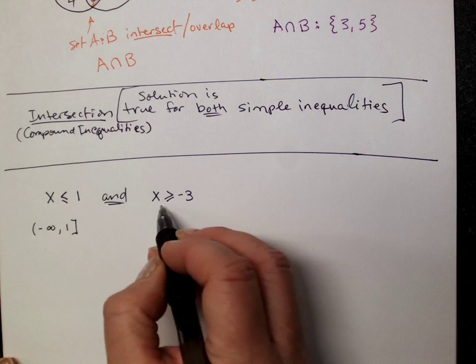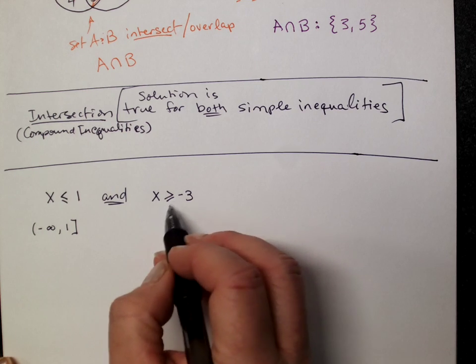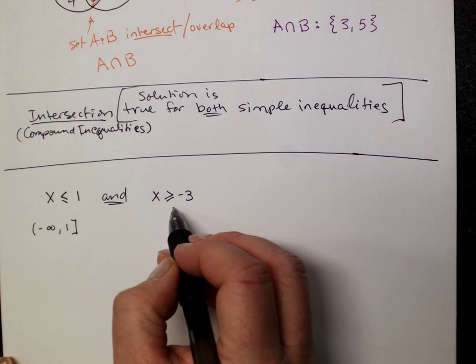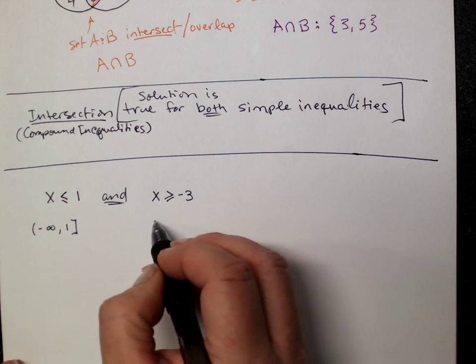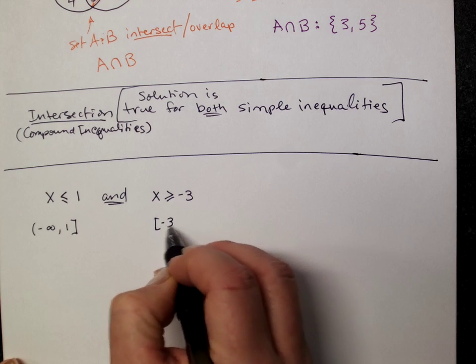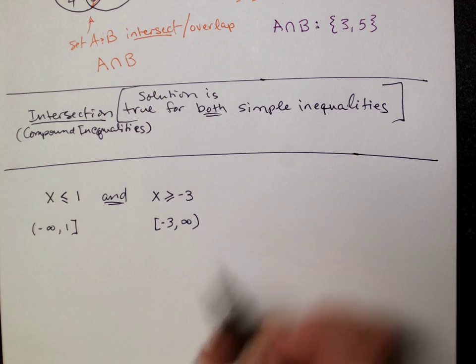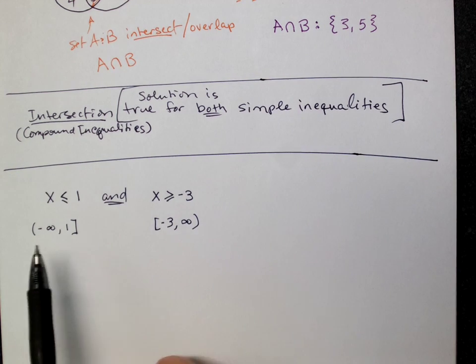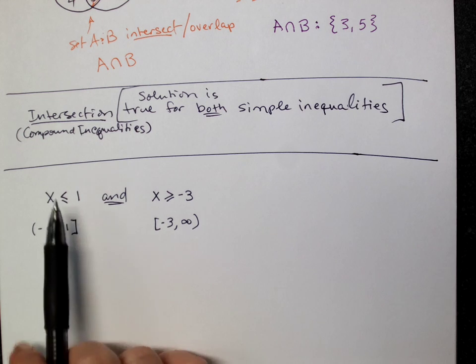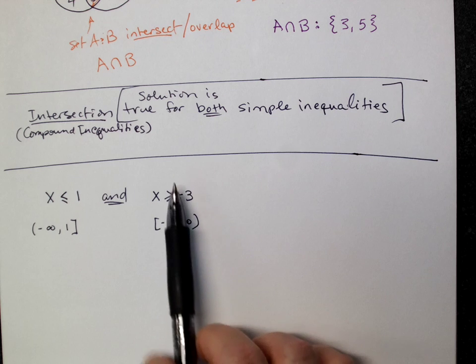For the other one on its own, what's the smallest value that x could be in this simple inequality? -3, right. And -3 is included, and then it just keeps going up and up and up, as it approaches infinity. So these are all the possible values of x for this simple inequality, and these are all the possible values of x for the other simple inequality.